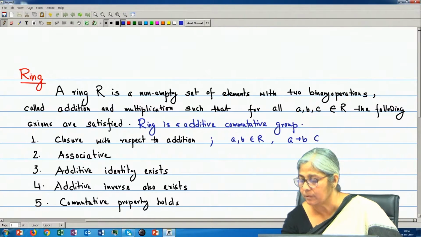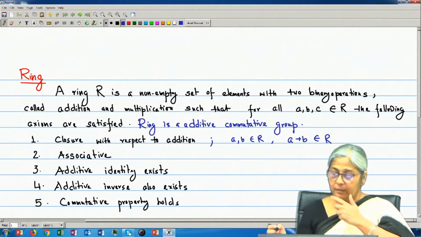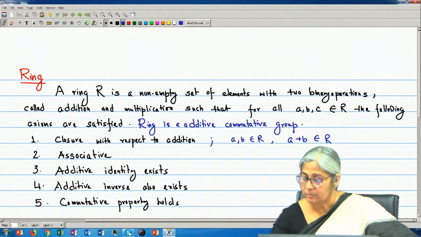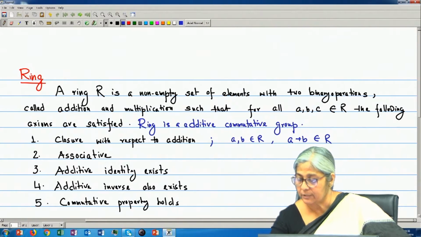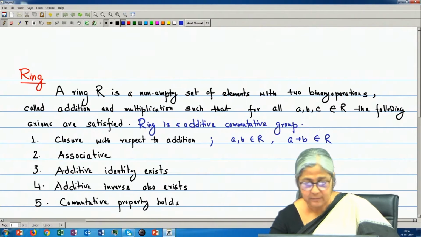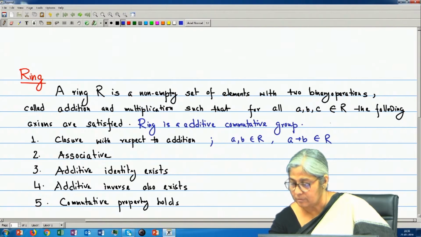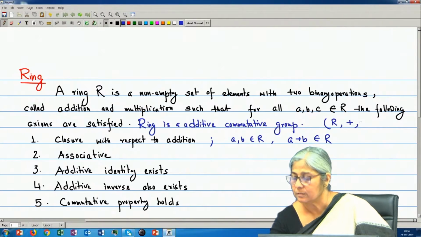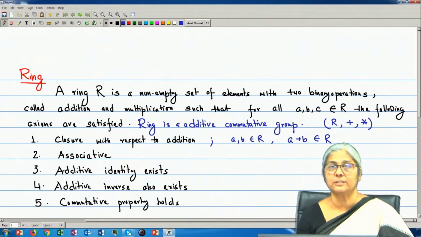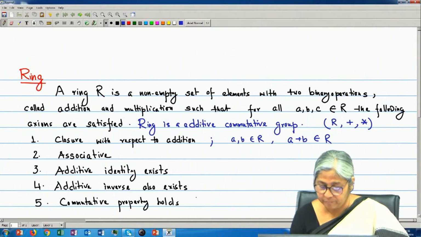The notation we are taking is plus and star, so the ring we are defining is (R, plus, star), where plus is addition and star is multiplication.